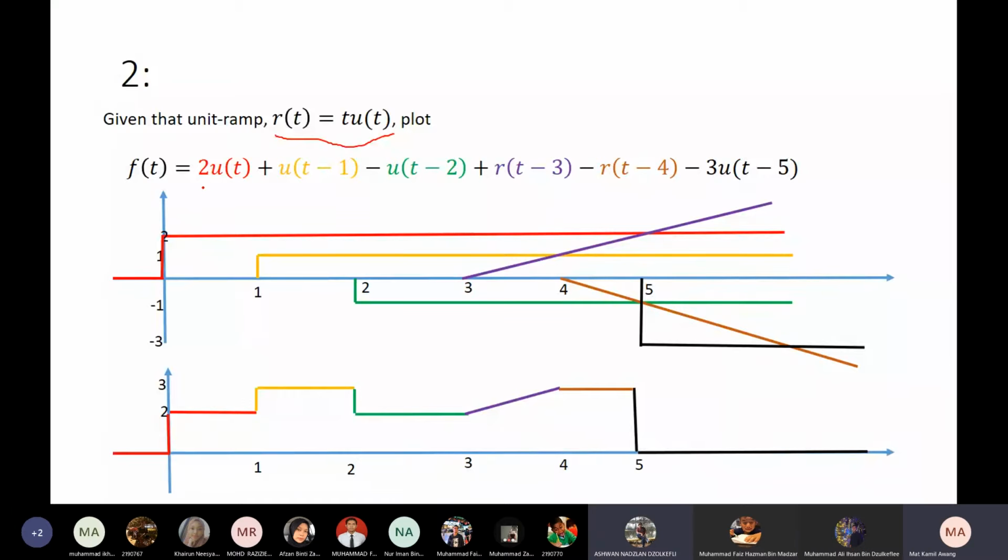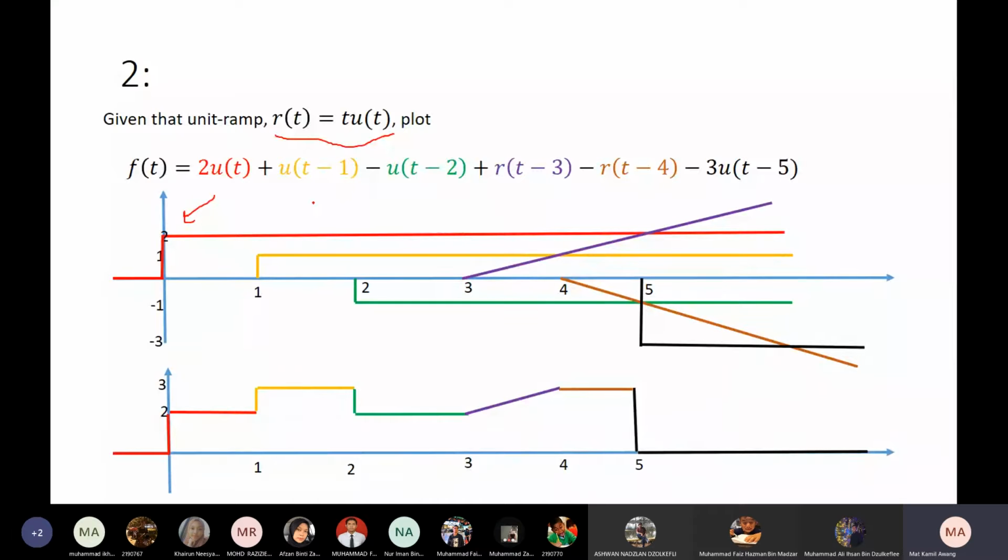So for 2u(t), u(t) is a step function started at t equal to 0. And what is the amplitude? 2. So this red graph is 2u(t). The second one, u(t) minus 1, is a delay of 1 second.